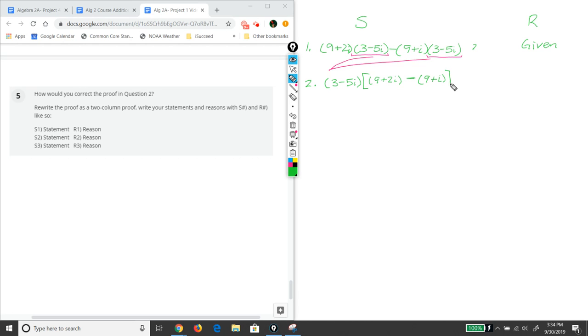Hopefully you can see that distributive property to get back to the original given statement in number 1. Well, what did we do to get step number 2? My favorite F word, we factored.